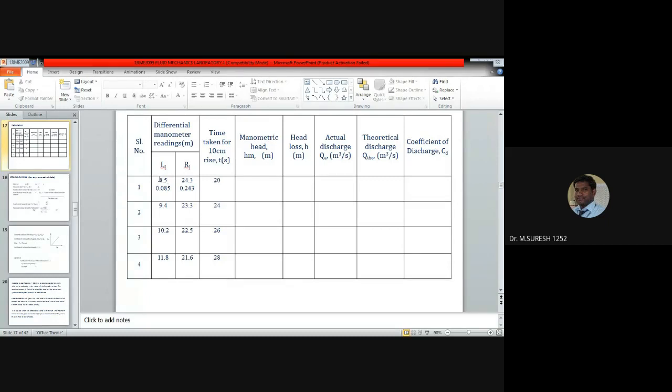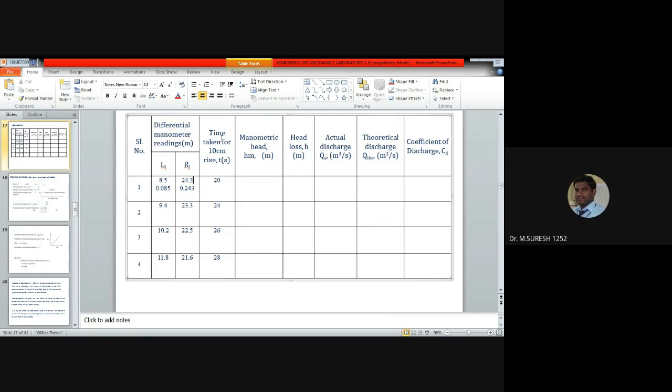These are all values given in centimeter, 8.5, 24.3, that is centimeter. But you need to convert centimeter into meter. Clear? 9.4, 23.3, all the values given here are in centimeter, but you need to convert to meter. If you convert to meter values, the results will come accurate.